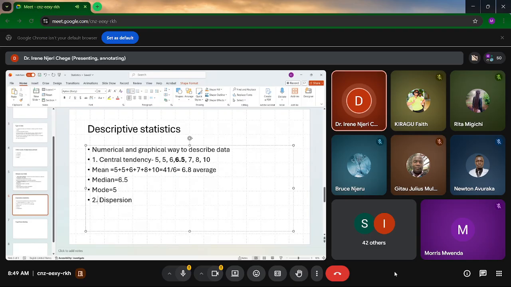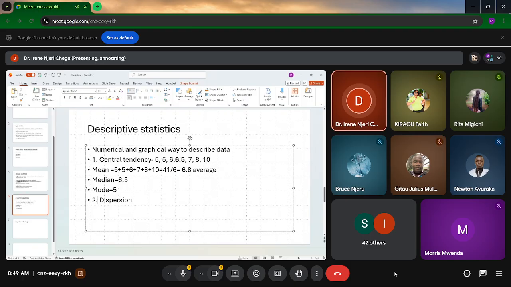So the 6.5 is my median. I've divided my data into 4. Then I can now subtract my Q1, my first quartile, from my third quartile, Q3.